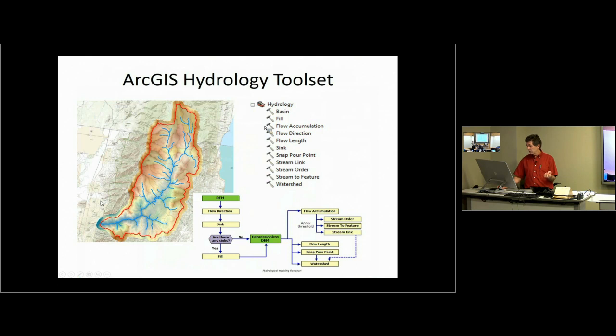And then you can go through the process of calculating flow accumulation. You can do things like mapping stream orders, stream to feature. You can also calculate flow lengths. You can snap a point to a nearby stream, and you can delineate watersheds. And here I was experimenting with some nice cartography for the Logan watershed to make this attractive looking.